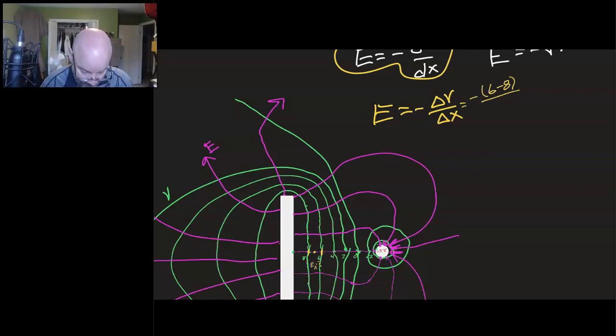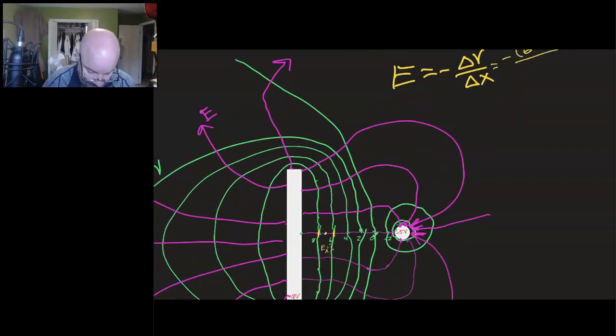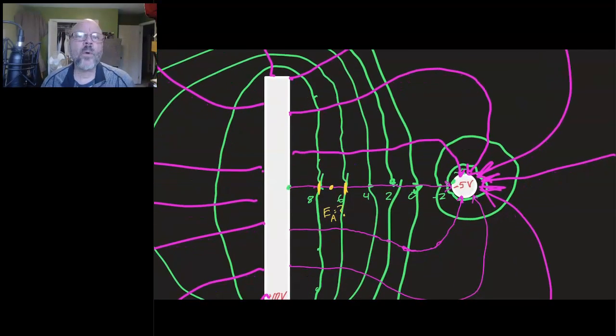Okay, and then we need a distance. Now on your homework it would tell you what the distance was. I'm just going to make one up here. Let's say that distance across there is 2 centimeters. So I have 0.02 meters as my distance from one side to the other.